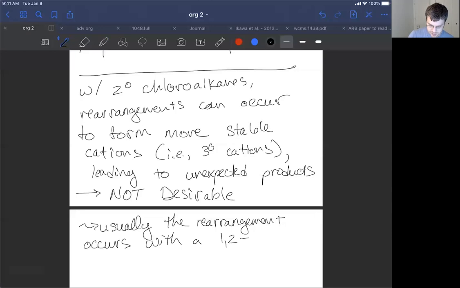We call it 1,2 because the hydrogen just moves over one atom, moves from atom 1 to atom 2, they say. It's that weird numbering system organic chemists use. So we go by way of a 1,2 hydrogen shift.